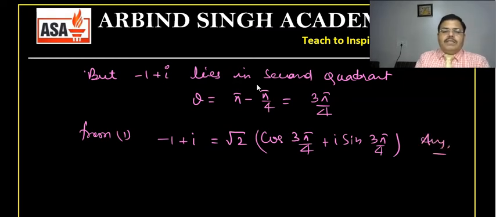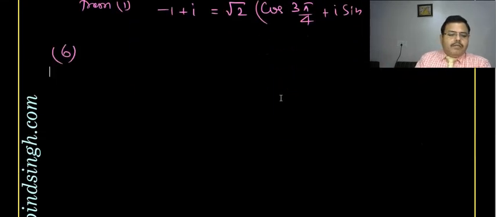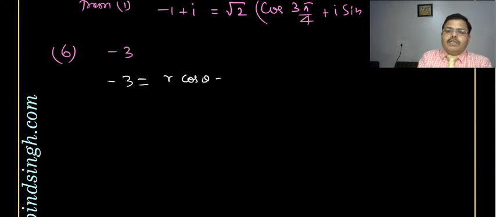Now question number 6 is there, and question number 6 is written like minus 3 only, and you have to represent it in polar form. So minus 3 can be written as r cos theta plus iota sin theta, and better to write minus 3 as minus 3 plus 0 iota.